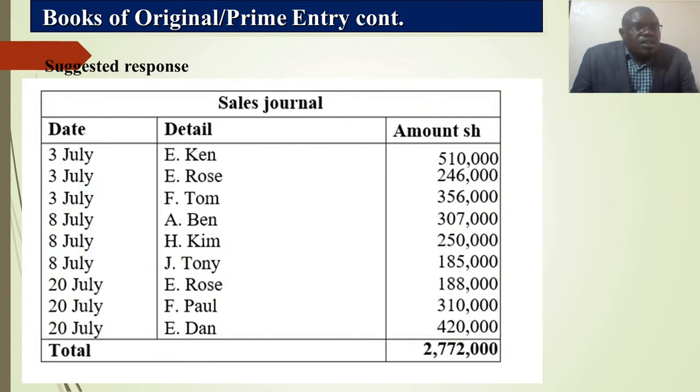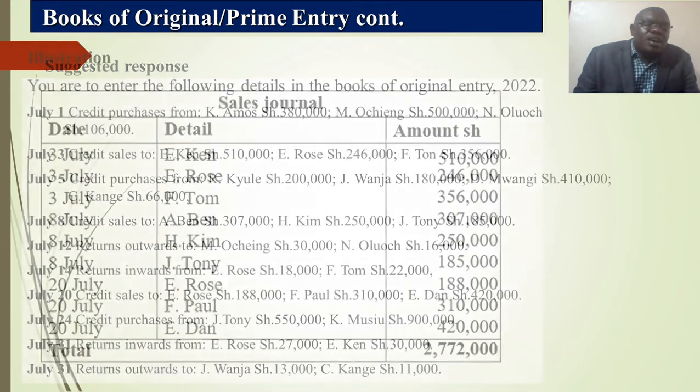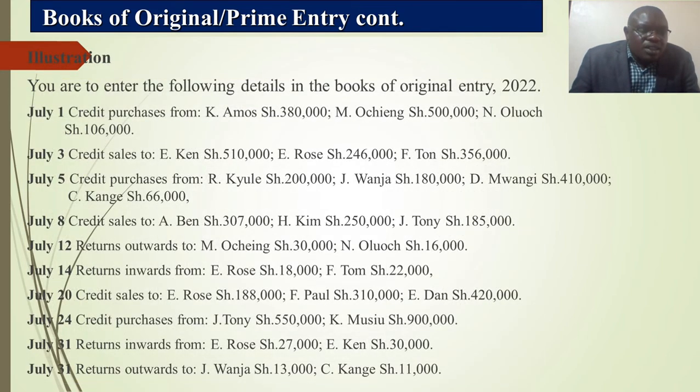Let us see whether the transactions are captured as such. So the title, as usual, is the sales journal. So the date is July 3rd. 3 transactions took place. Goods were sold to EKEN 510,000, Eros 246,000, and FTOM 356,000. Again, there was a sales transaction on 8th.